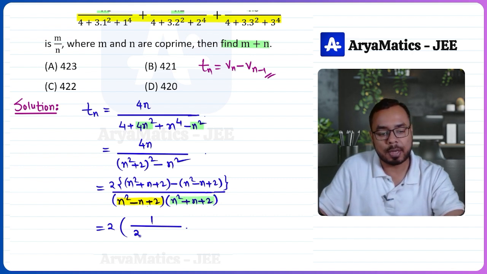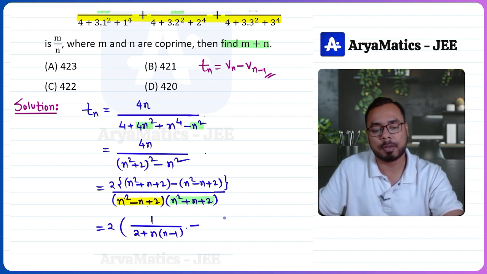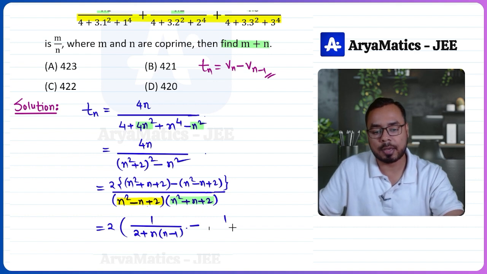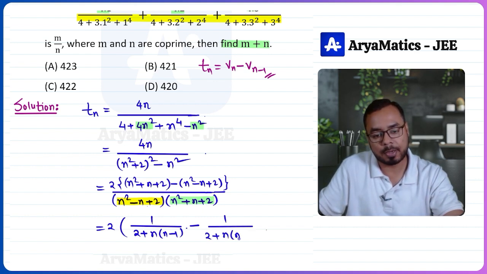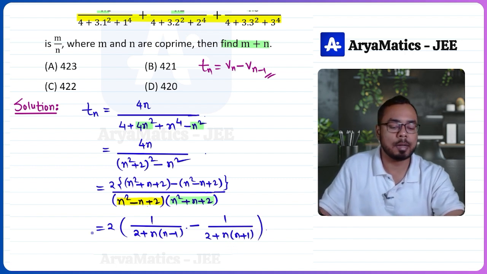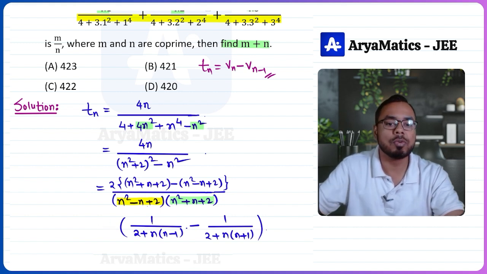So the first one you can write as 2 plus, and if you take n common, then you have n into n minus 1. This is the first term, minus the second one, 1 divided by, and in the denominator again you can take n common, so you have 2 plus n into n plus 1.